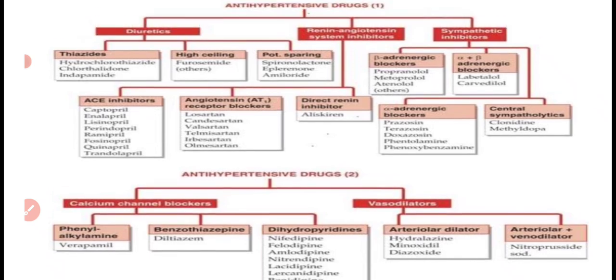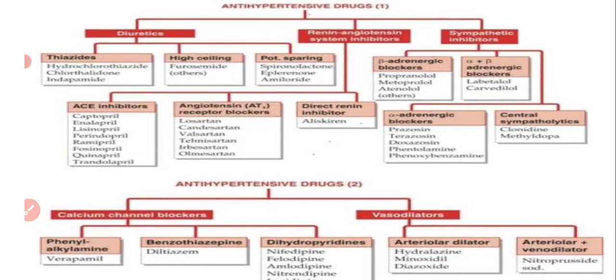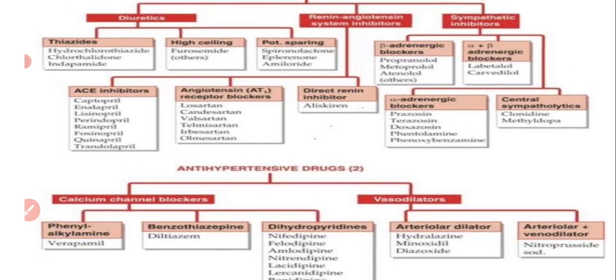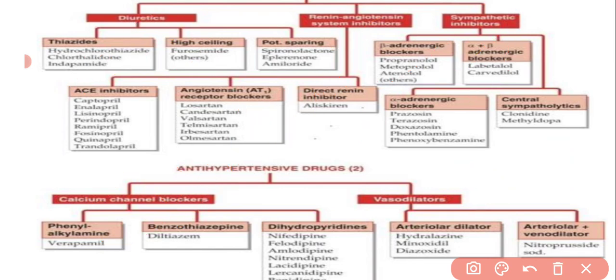That includes the diuretics and direct renin inhibitors, angiotensin converting enzyme inhibitors, angiotensin receptor blockers, and also sympathetic inhibitors, in that beta blockers, alpha and beta blockers, alpha adrenergic blockers, and central sympatholytics.